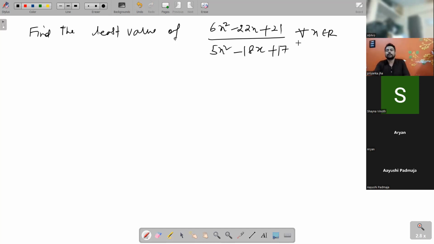You have to find the least value of this expression, so basically we have to find the range. Let me solve it. Just assume this as y.